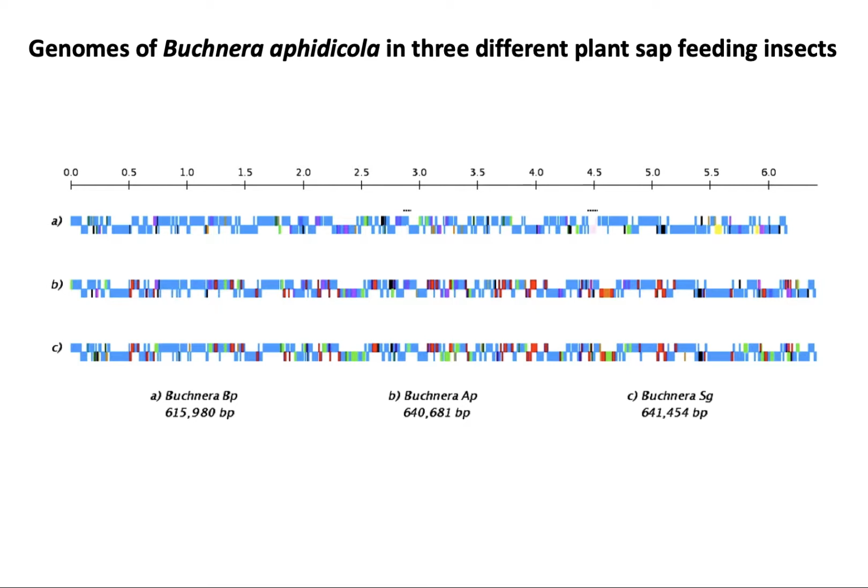So you can see that as the aphids have speciated, these strains of Buchnera, which have always been, in this case, endosymbionts of these aphids, also have diverged as far as their genomes to some extent and specialized for each one of the hosts.